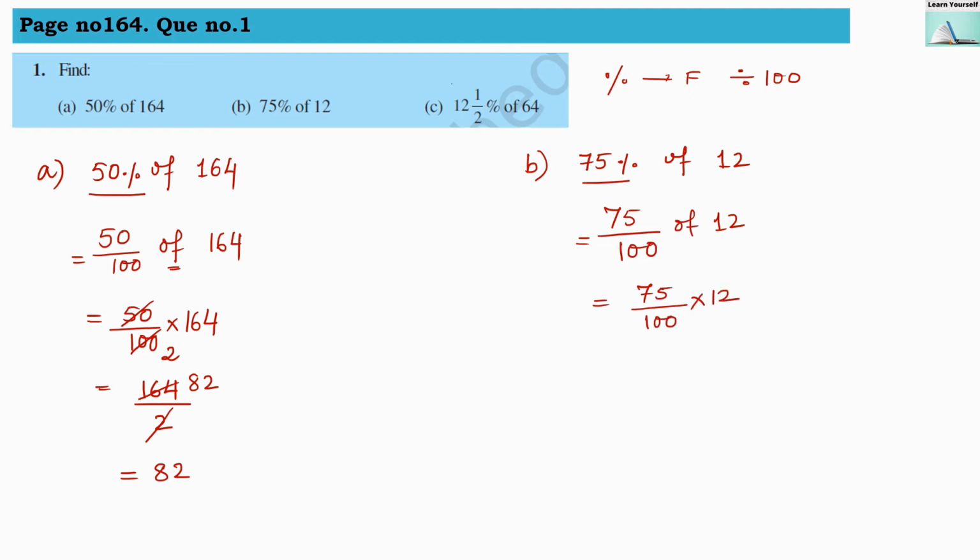Now let us simplify this. 15 into 5 is 75, into 3 into 4. In the denominator we get 20 into 5. So 5 and 4 and 20 we can cancel off. 5 3s are 15, so 3 into 3 we get 9. So 75% of 12 is the number 9.